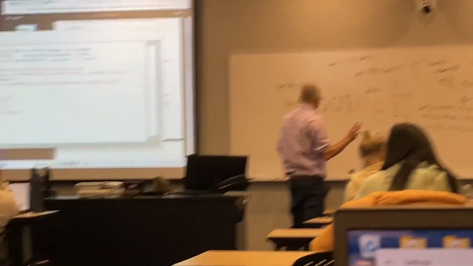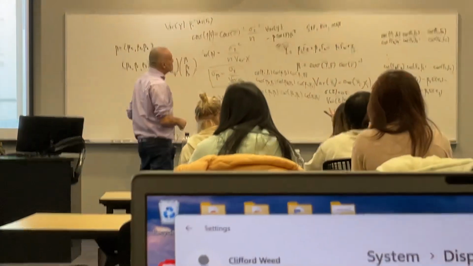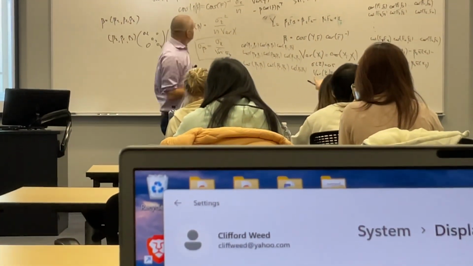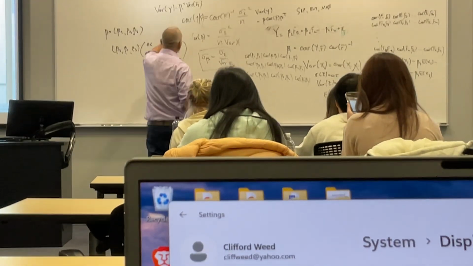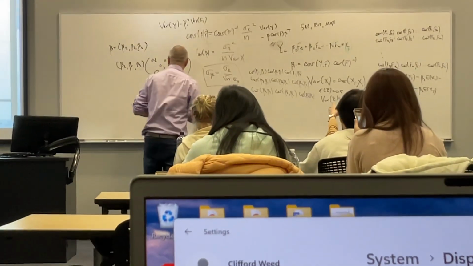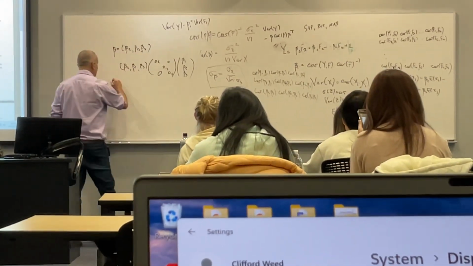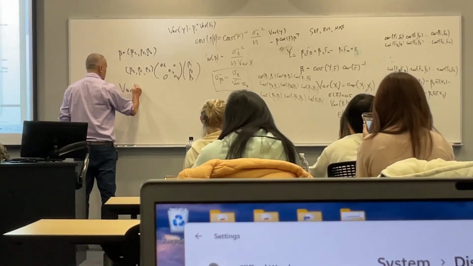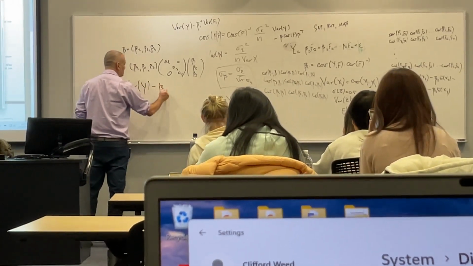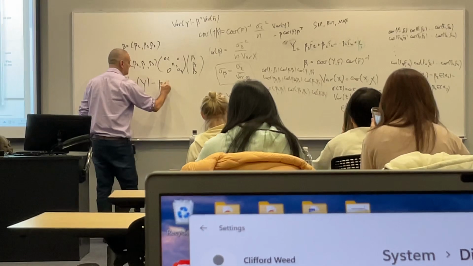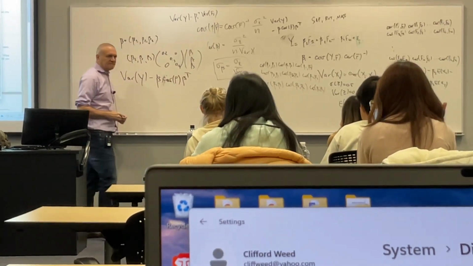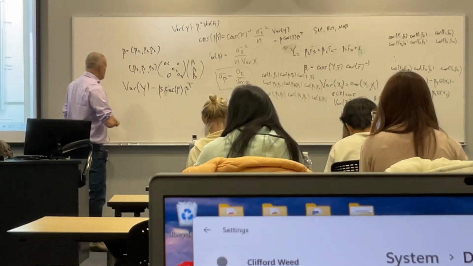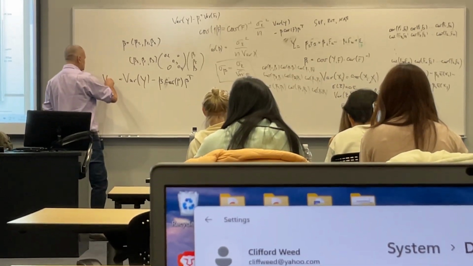Where's the formula? Oh yeah, not here. This is the one-dimensional case. So it's going to be the variance of y minus beta f minus beta covariance f beta transpose. So that's going to be the variance of epsilon.